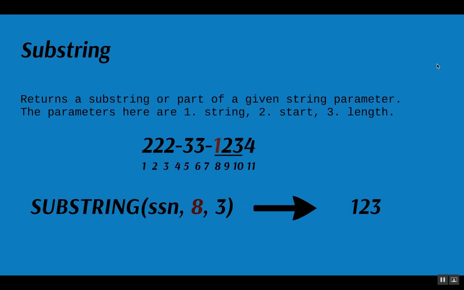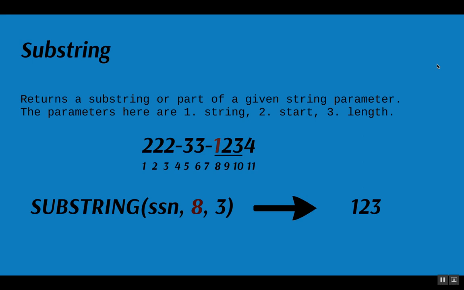The substring function will return part of a string from another string. For example, say you just need the first 3 numbers of the last 4 digits of a Social Security number. So with this Social Security number, the last 4 digits are 1, 2, 3, 4, and you want just the 1, 2, 3 of that 1, 2, 3, 4. You could use the substring function with 3 parameters.